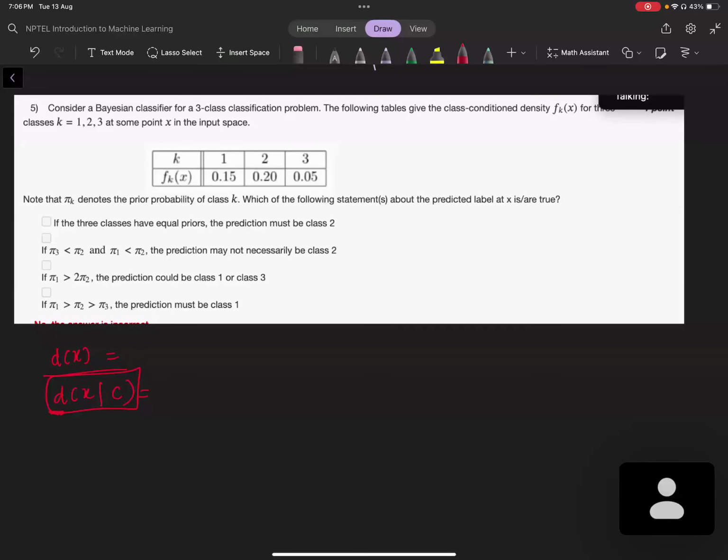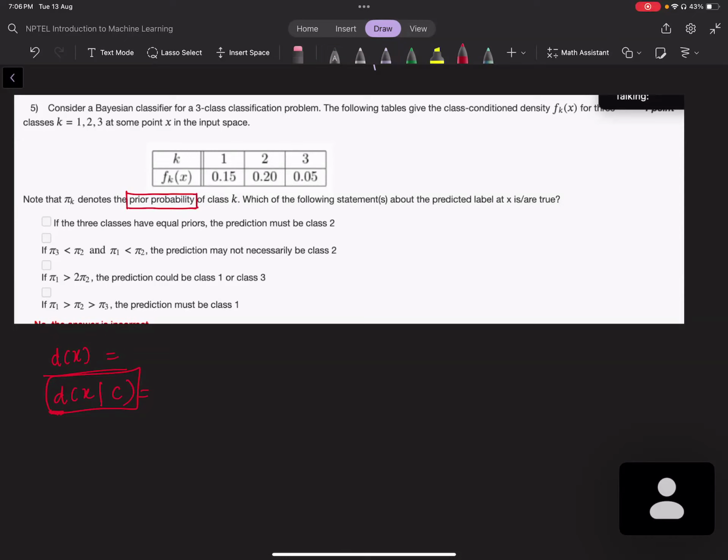Which of the following statements about the predicted label at x are true? So pi_k denotes the prior probability. Do you know this term, prior probability? It's the probability of a data point before you have trained the model.